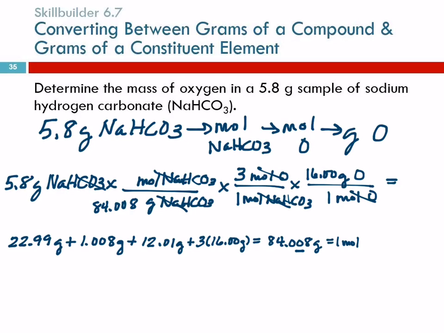I've got my equation all completed. Now I'm just going to multiply and divide. If you want a number up here, it's going to be a 1. So 5.8 divided by 84.008 times 3 times 16.